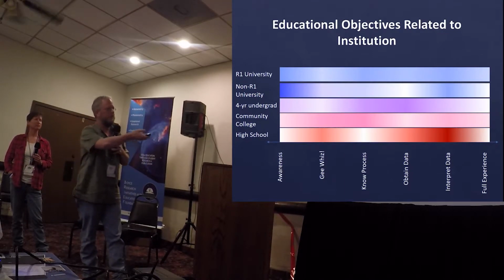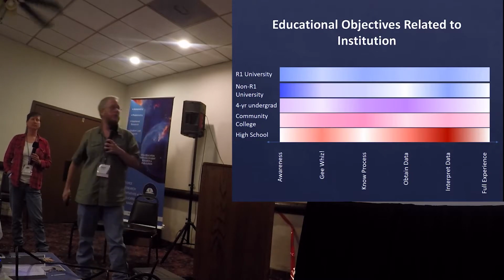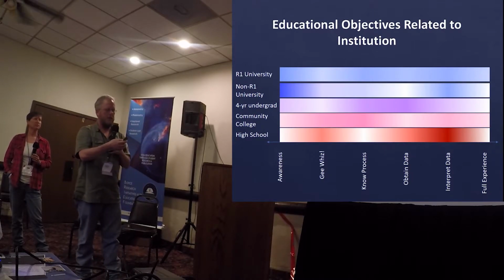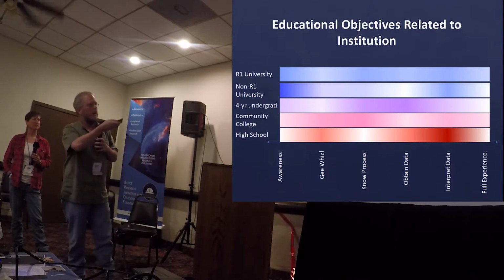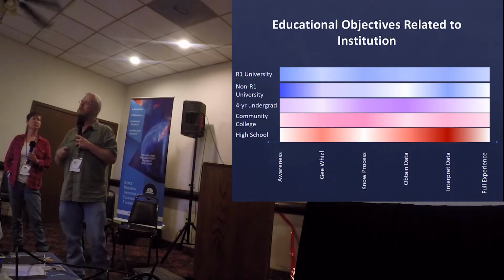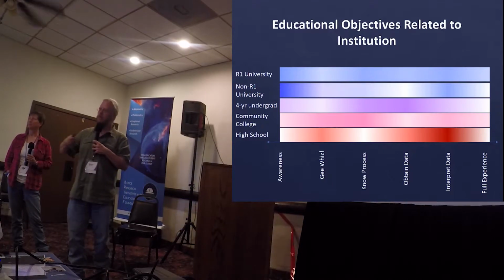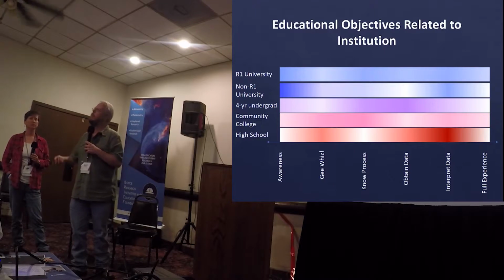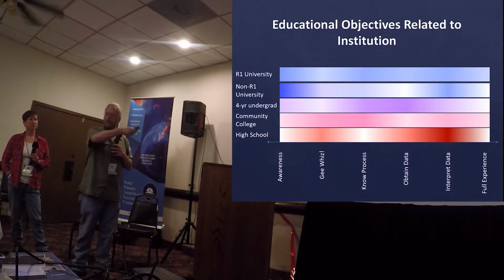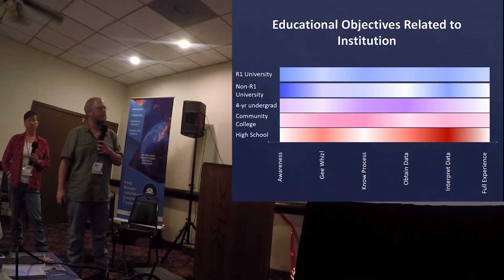If you look down at the high school level, high school teachers, while they want their students to ooh and ah over things, a lot of them also really want their students to know how to interpret the data that they are gathering, whether it's through a telescope or simulations or whatever. They are really going for that higher-end objective.